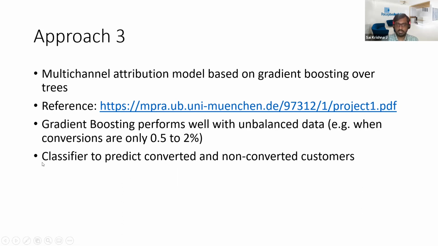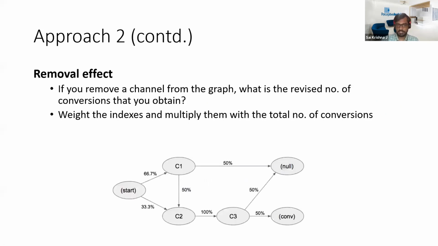And here what they do is they construct a classification model to predict the converted and non-converted customers. It's a very simple, straightforward approach when you compare with the previous two approaches that we analyzed. One thing that I forgot to mention in the second approach is that there is an R package that is readily available for this Markov chain modeling.